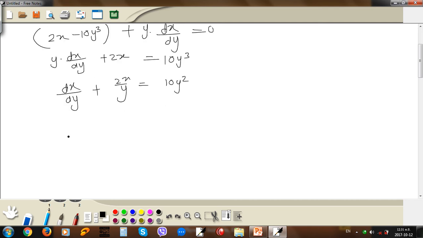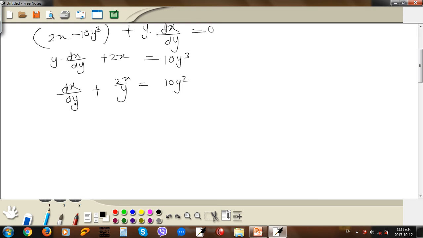Now this equation is in our known form, a linear differential equation, but there is a difference. The independent variable here is not x, it is y.